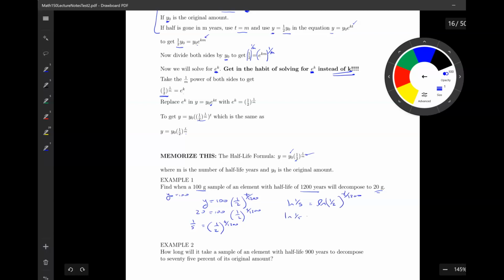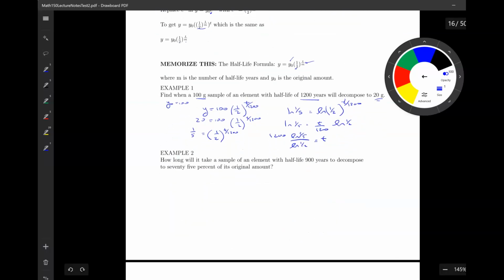So ln of 1/5 is equal to t over 1,200 ln of 1/2, and then I'm going to multiply by 1,200, and I'm going to divide by ln of 1/2. And that would give me the number of years that it would take to decompose to 20 grams. Let's try it again.